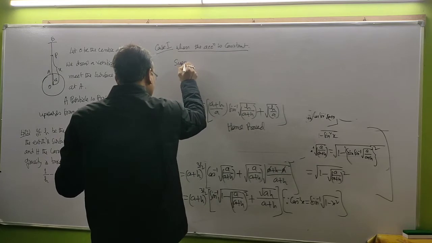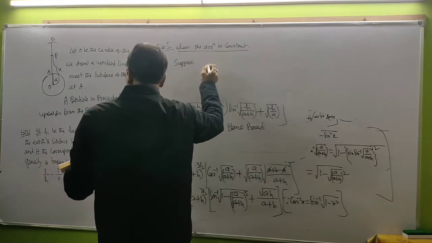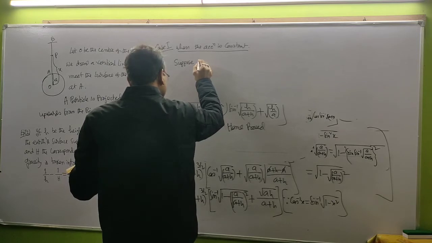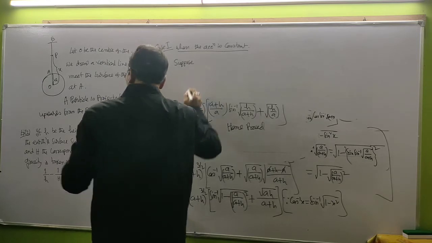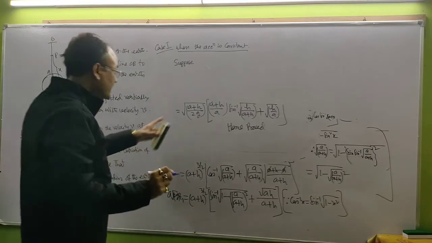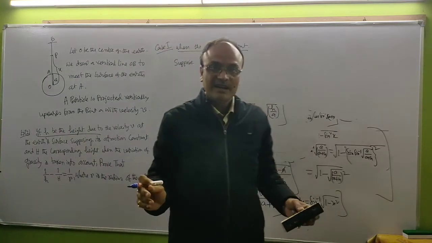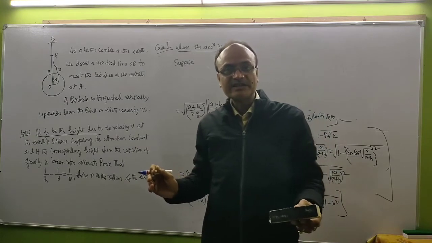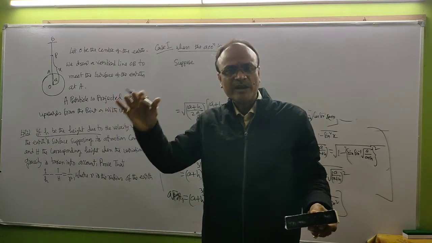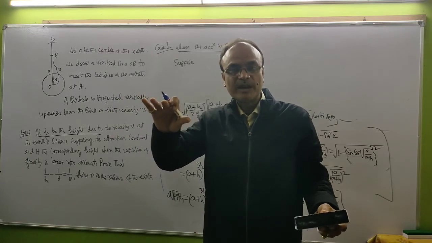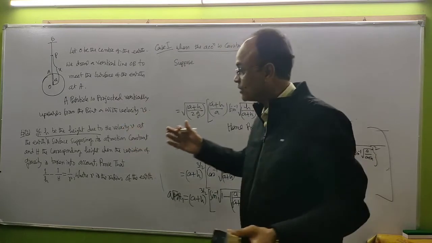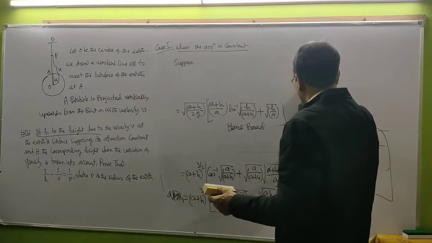Suppose h is the greatest height. Means h is the height when the velocity of the particle is equal to 0. A particle is projected vertically upwards.